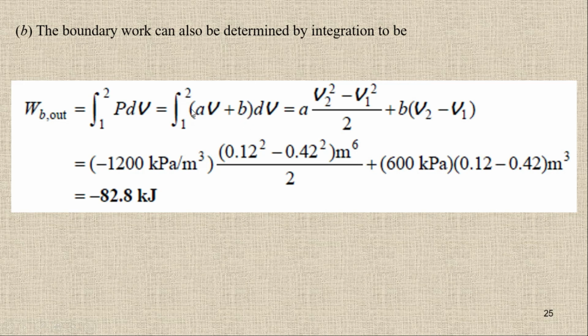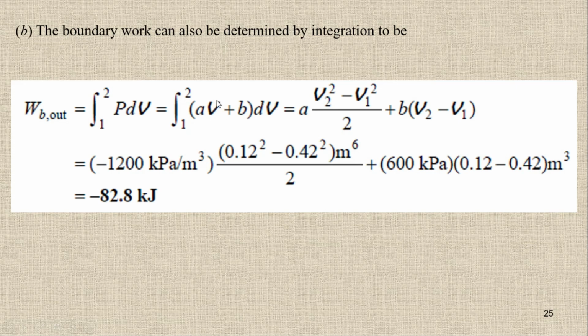When I integrate this, I'll get A V square upon 2 plus B V, and then applying the limits, I'll get A times V2 square minus V1 square upon 2, plus B times V2 minus V1.